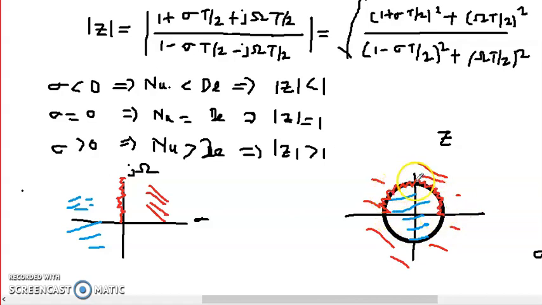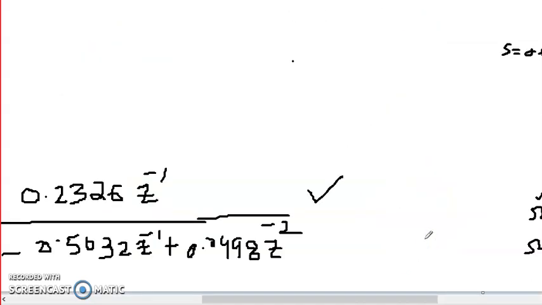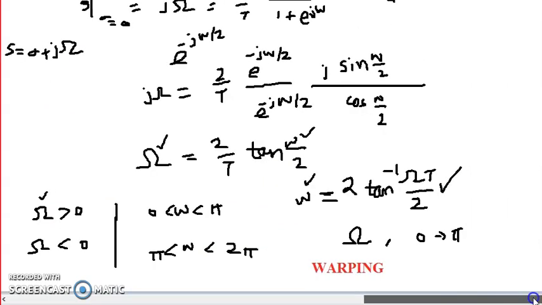Upper half of Z unit circle, and the lower half of omega is basically the lower part of this unit circle. This is what we have seen in this discussion, and this phenomenon is called warping.